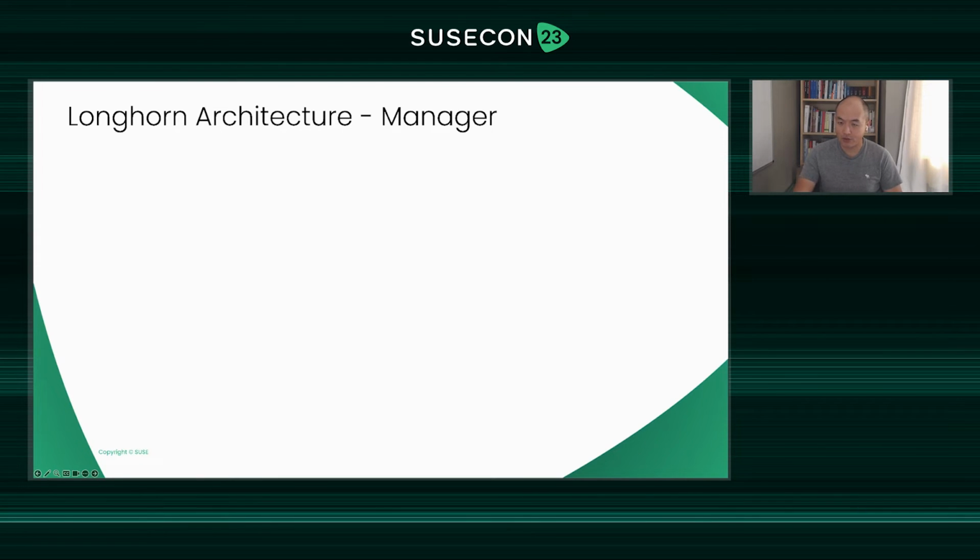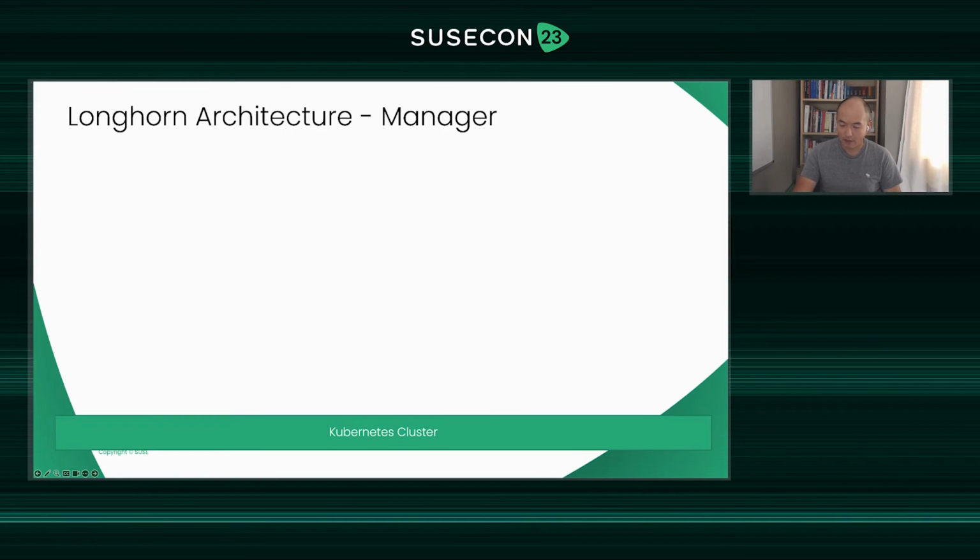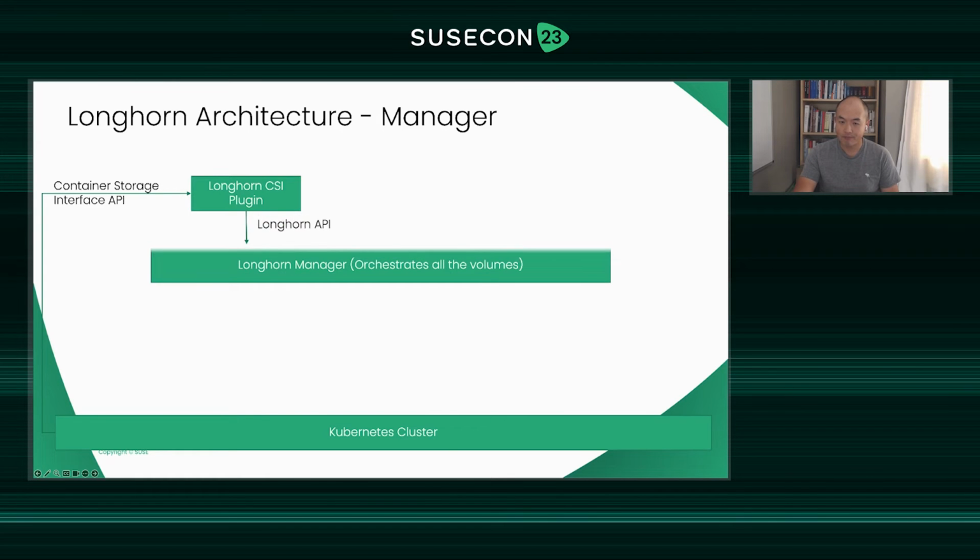On the architecture side, we look at a little bit more high level at the manager or control plane. This is how we interact with Kubernetes. So whenever Kubernetes clusters have a request coming in, say, to request a volume, they will talk to the Longhorn CSI plugin through the CSI interface, which stands for Container Storage Interface.